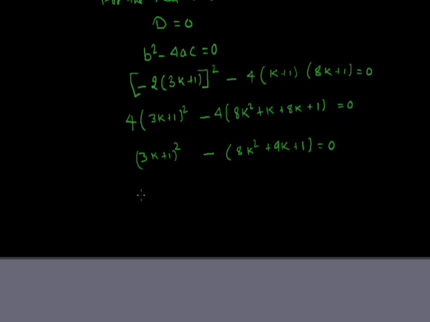Now expanding (3k plus 1) whole square, this will become 9k square plus 6k plus 1 minus (8k square plus 9k plus 1) equal to 0. So when solving, 9k square minus 8k square is k square, 6k minus 9k is minus 3k, and 1 minus 1 is equal to 0.